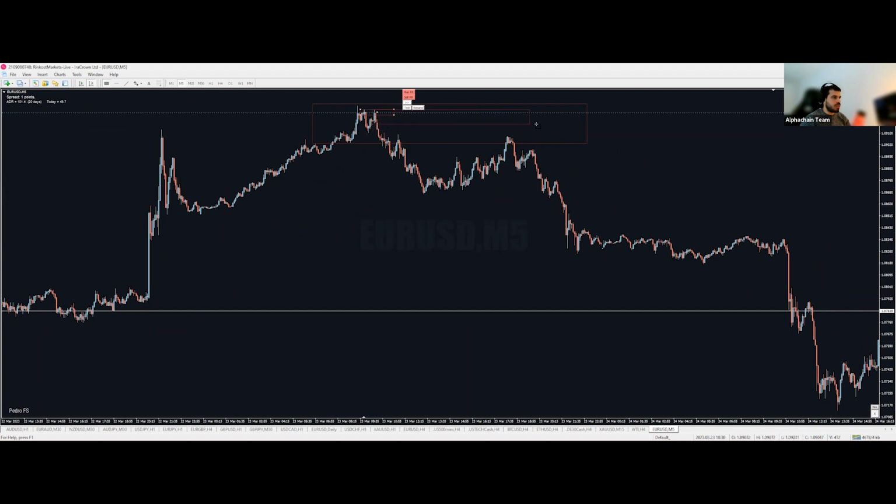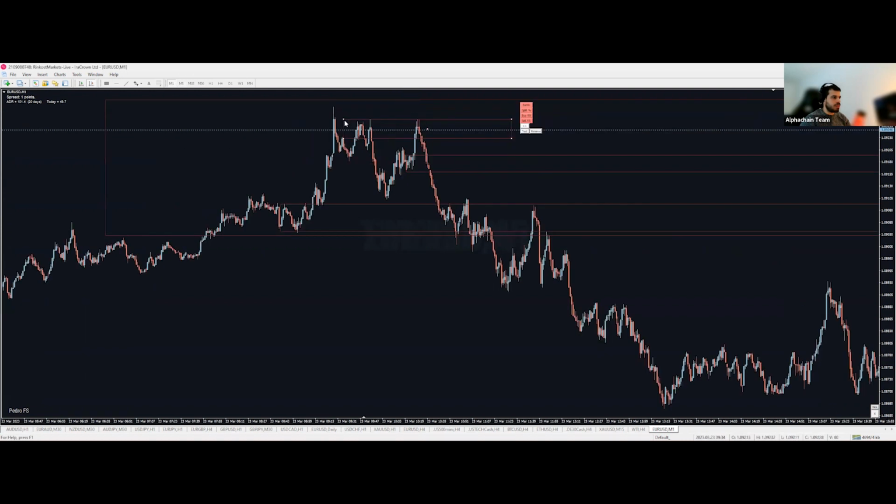Zone number 2 left behind. Zone number 3 reacted from. So in the future, we will see if price is going to go there. One, two, three. Zone 1 touched, zone 2, price never really got there, zone 3.